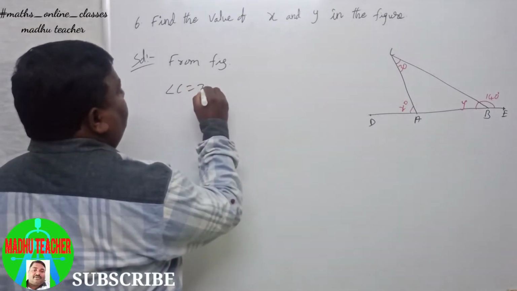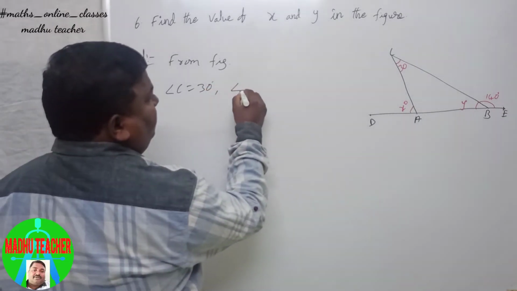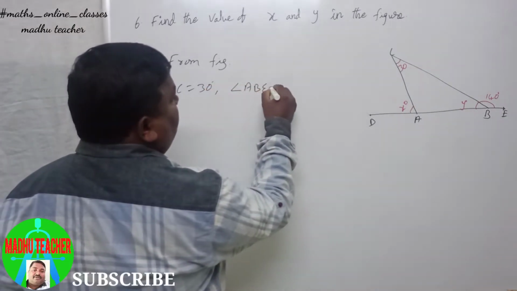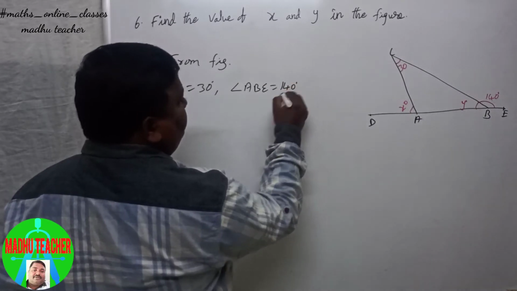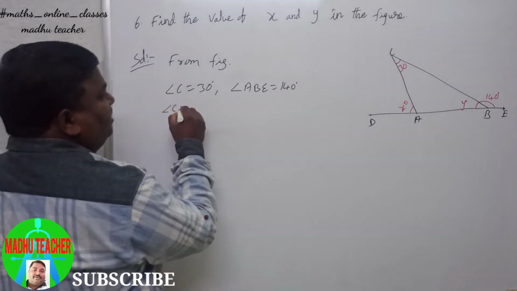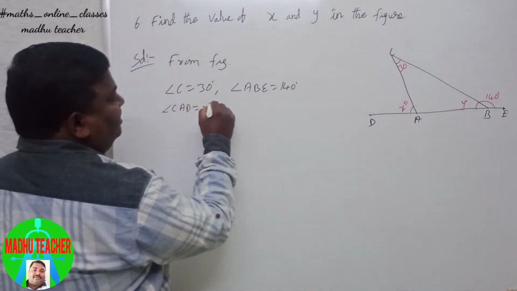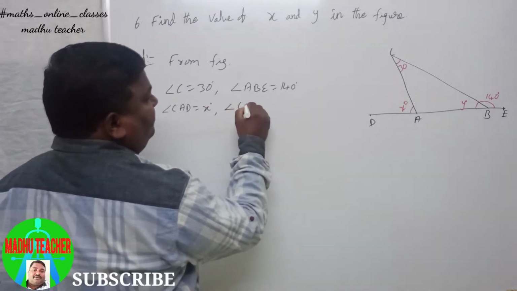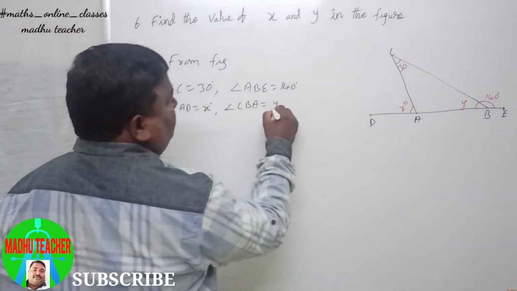Angle C equals 30 degrees, angle ABE equals 140 degrees, angle CAD equals x degrees, angle CBA equals y degrees.